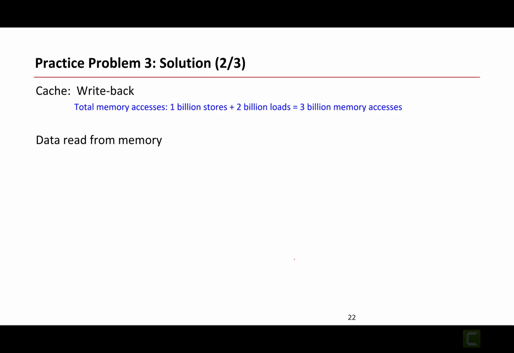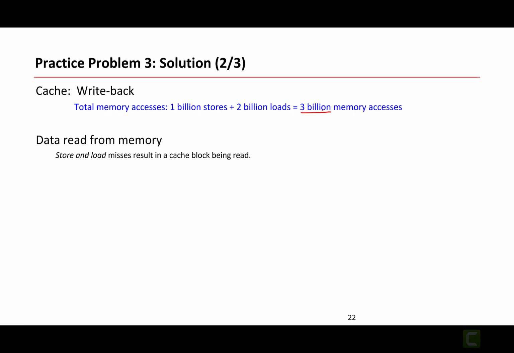Now finally, let's consider the write back cache. In this case, we have a total number of memory accesses, loads and stores put together, of 3 billion. We'll quickly see why that number is what we need.